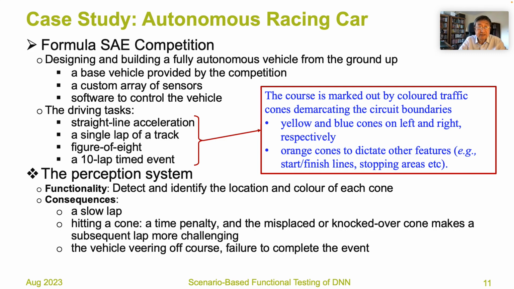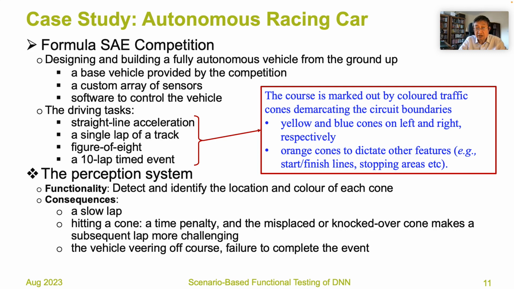What we tested is the perception system of the autonomous racing car. The functionality of the perception system is to detect and identify the location and the color of the cones, which mark the lap.